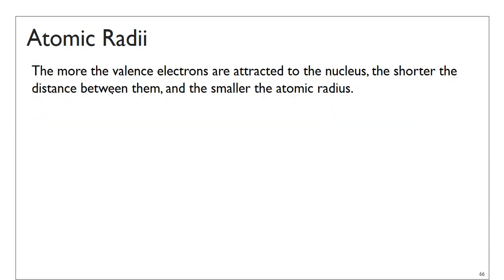The more the valence electrons are attracted towards the nucleus, so let's say if I have a nucleus in here and then I have some shells. Now, I'm rather impressed with my drawing of circles and whatnot. So if we have this, maybe we shouldn't put it there.